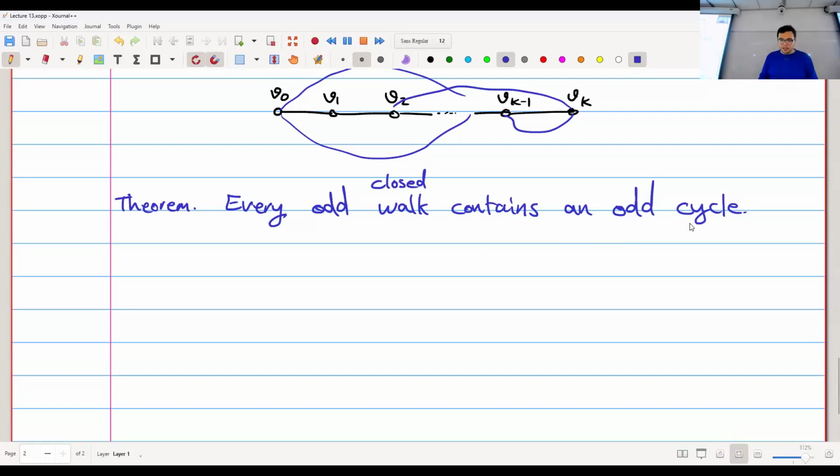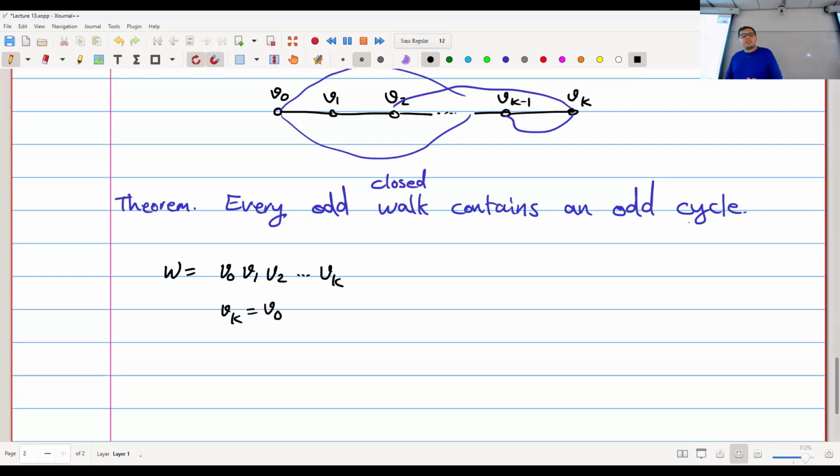So let's try to prove this. Let's say I have my odd VOC, and let's say that my VOC is a sequence of vertices. So let's call it V0, V1, V2, and so on to Vk. First of all, I check: Vk is the same as V0, right?